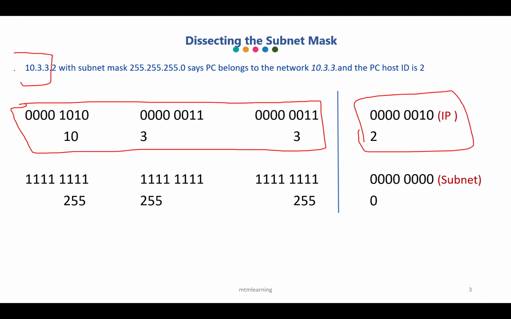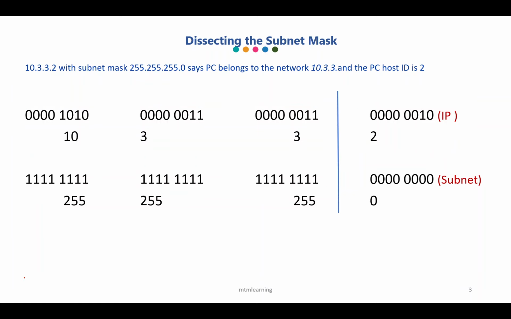So we say that this is a network address, this is a host address, right? So this is why we say that. If you take a deep look at it, you'll understand that wherever you have a one in the binary of the subnet mask, the equivalent bit on the IP side belongs to the network portion. Just take a look at it for a moment, and then you will understand. We'll also see one more example in the later slides, and that will give you a bit more of an idea.